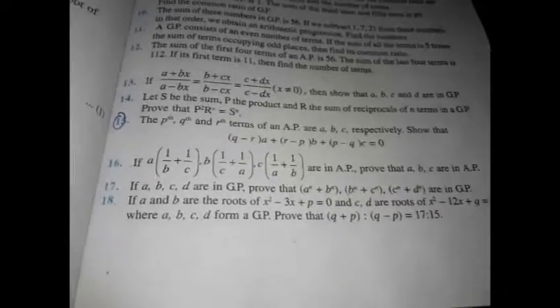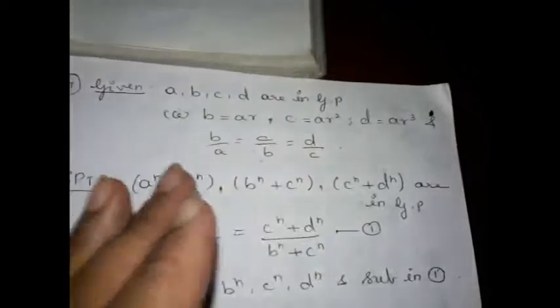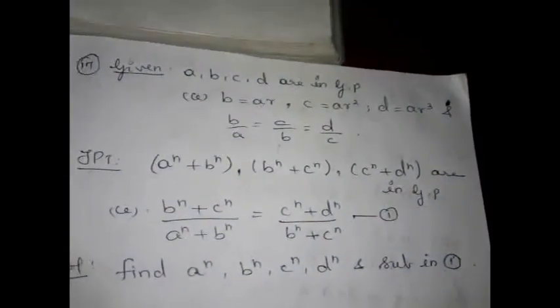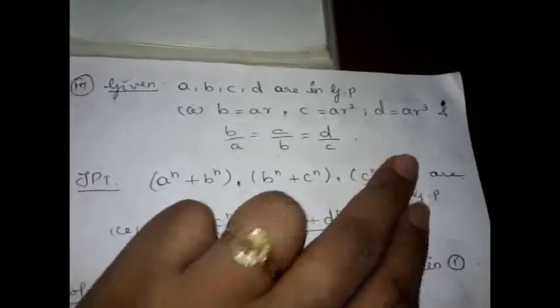So if we know what a, b, c, d are, we can find and substitute the values in the required thing. See, a, b, c, d are in GP is given. So what will be the general form of GP? We will assume a, ar, ar squared, ar cube. So b is ar, c is going to be ar squared, d is going to be ar cube, right?